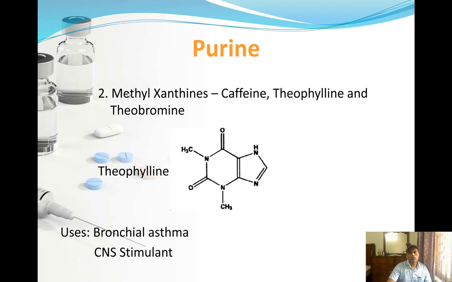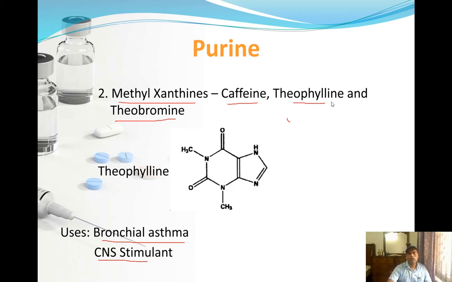The next set of medicinal compounds are methyl xanthines: caffeine, theophylline, and theobromine. These are stimulants, right? These are CNS stimulants. They are used in bronchial asthma. They are bronchodilators. So these are the uses of these methyl xanthines.